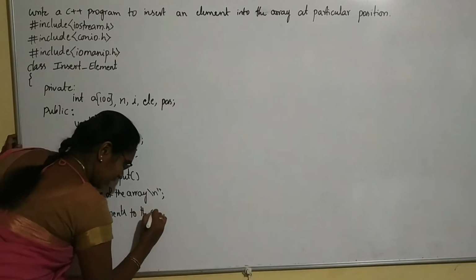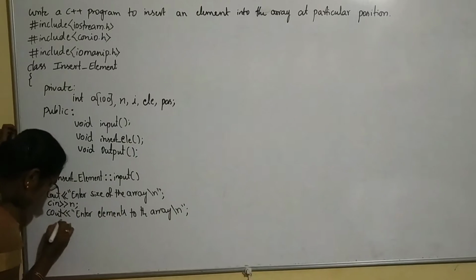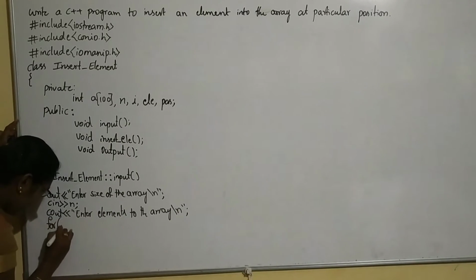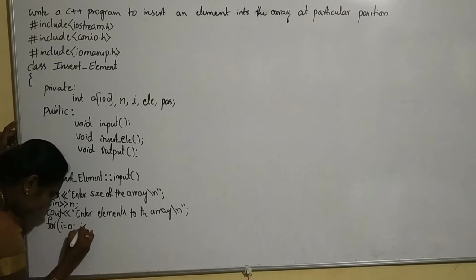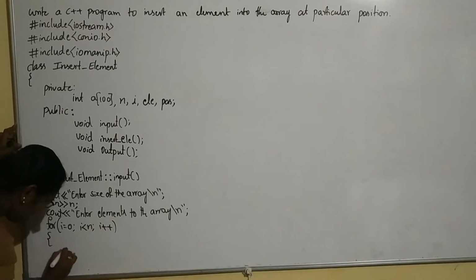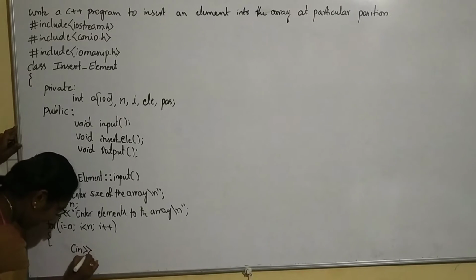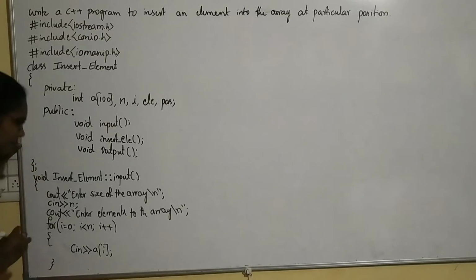Enter elements to the array. In the for loop we read the array elements: for I initial value is 0, condition I less than n, I plus plus. Inside the for loop we write cin a of I. We close the for loop here.